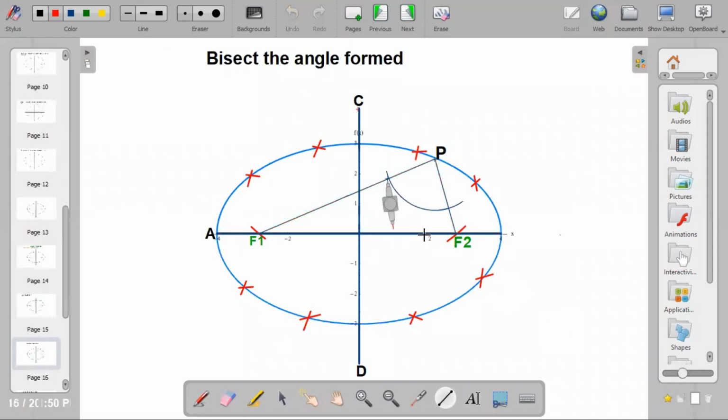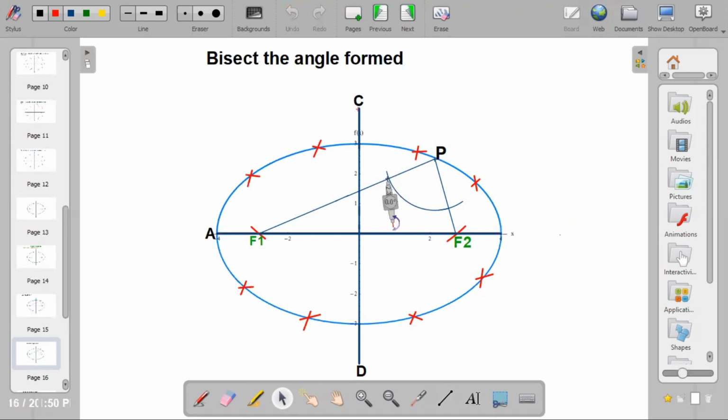The next thing is to bisect the angle. Remember, where two lines meet, an angle is formed. So I need to bisect the angle between the two lines. Just place your compass this way.